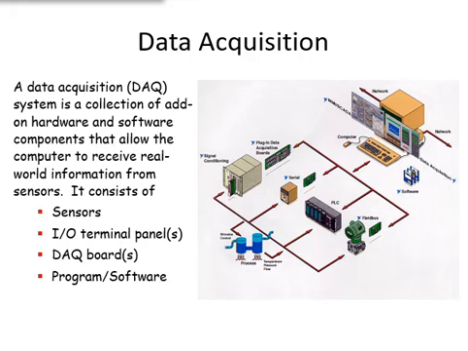This figure shows the collection of hardware and software components that enables a computer to receive physical signals. The components of a data acquisition system include a sensor to convert physical parameters to electrical signals, signal conditioning circuitry to convert sensor signals into a form that can be converted to digital values, and an analog to digital converter to convert conditioned sensor signals to digital values.